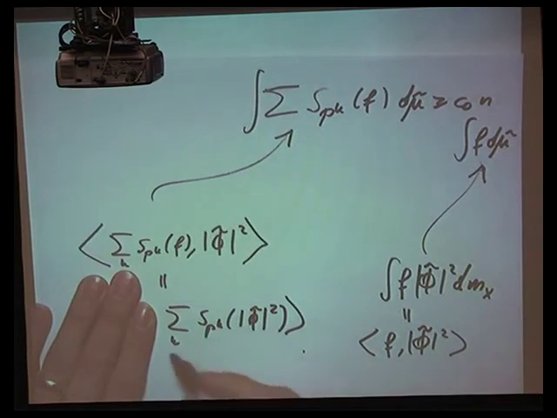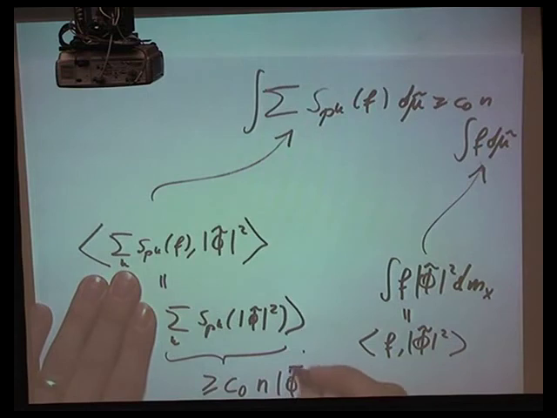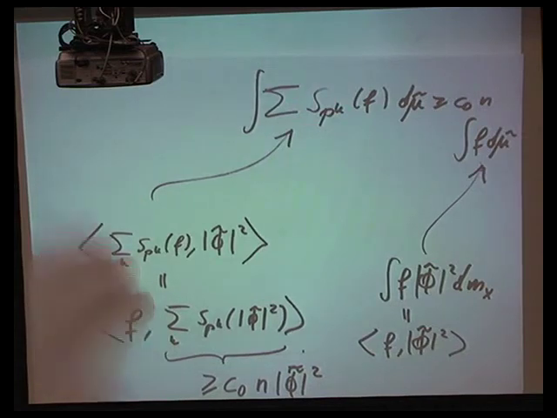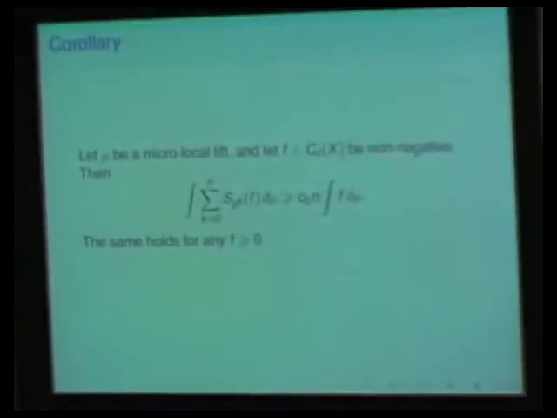So this sum here is at every point greater or equal C naught n absolute value phi twiggle squared because of the lemma, because of this theorem. And my assumption was here that the f is non-negative.